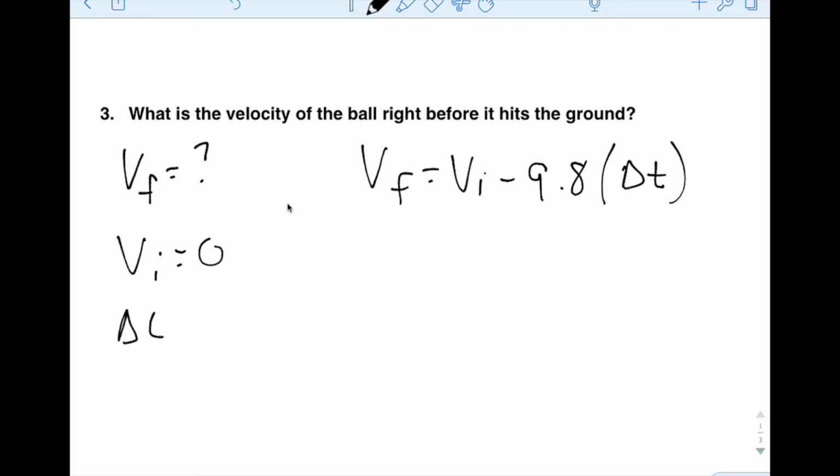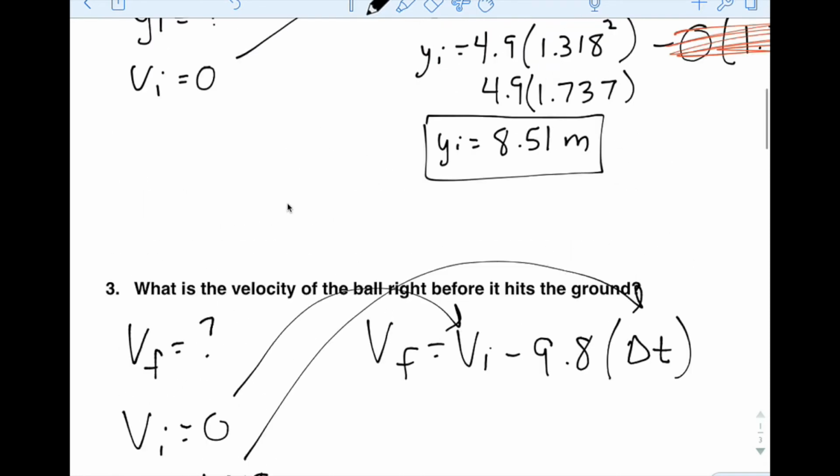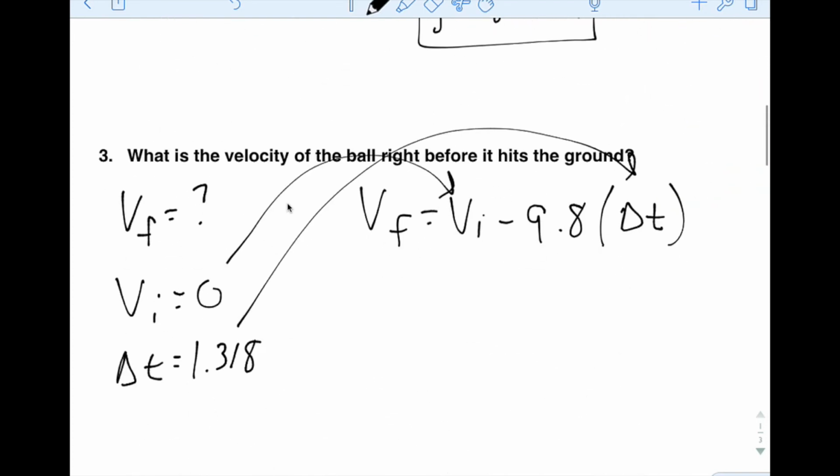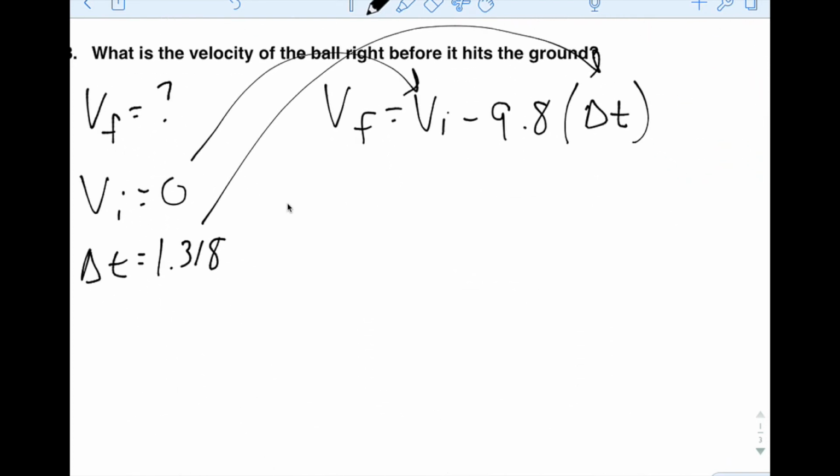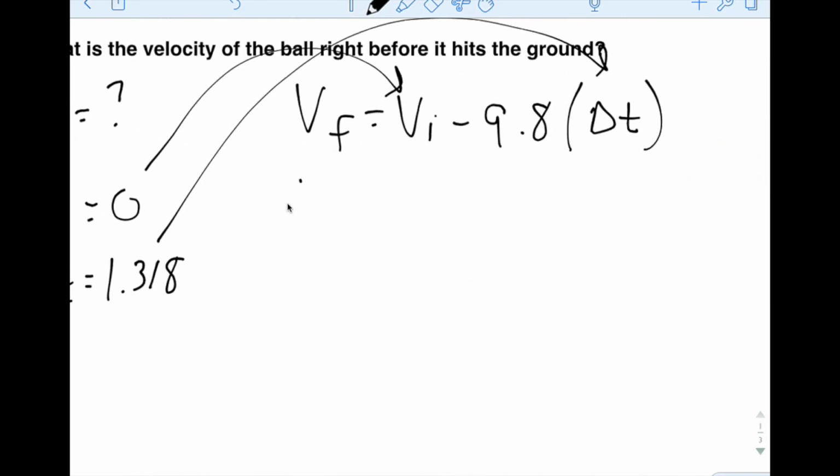And then delta T, we knew that was 1.318. So I can plug in 0, and 1.318. All right, this one's really easy. So VF equals 0 minus 9.8 times 1.318.